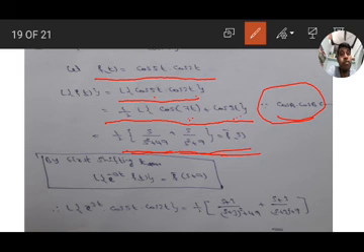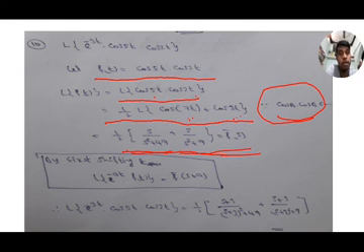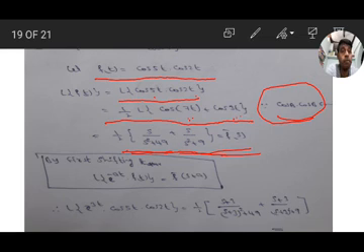Then by using the first shifting theorem, e to the power of minus 3t means L of e to the power of minus at into f of t equal to f bar of s plus a. So in place of f bar of s, we have to get f bar of s plus 3.